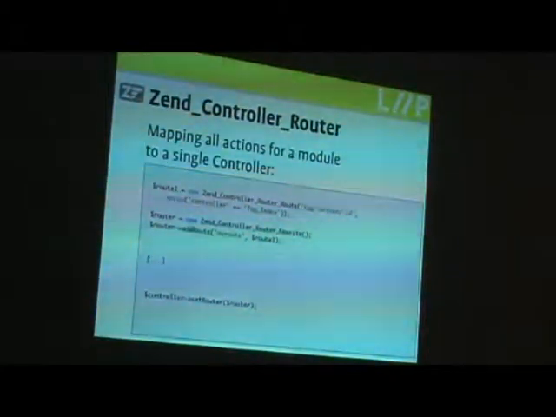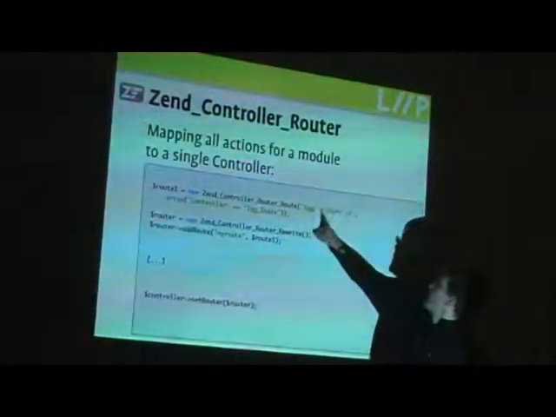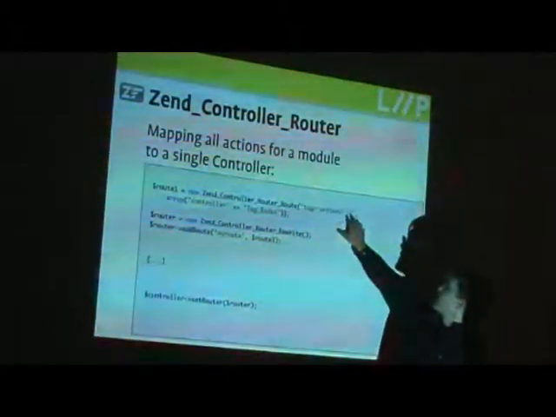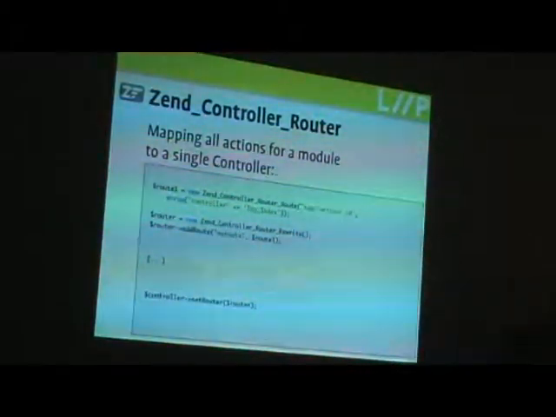I can tell my router to route everything to my tag index controller, which is defined here, and everything that's underneath tag, strip this action, strip this ID, and make this available to the controller later. This is a basic task that a router can do.